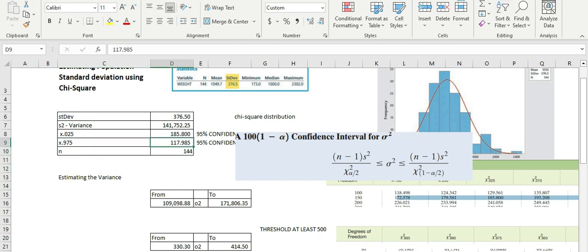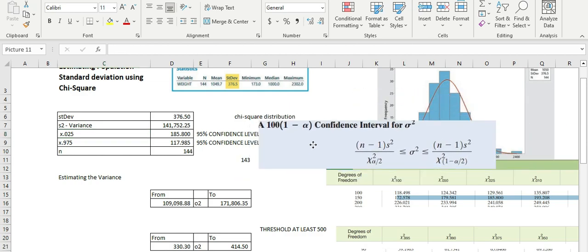This is what it means by chi-square of 0.975 and chi-square of 0.025. So it's clear now, I hope.